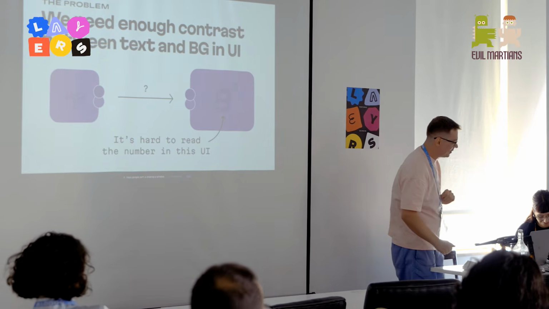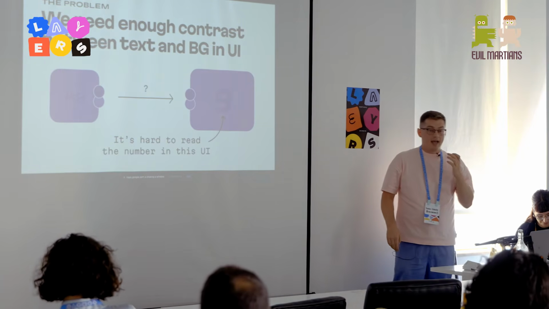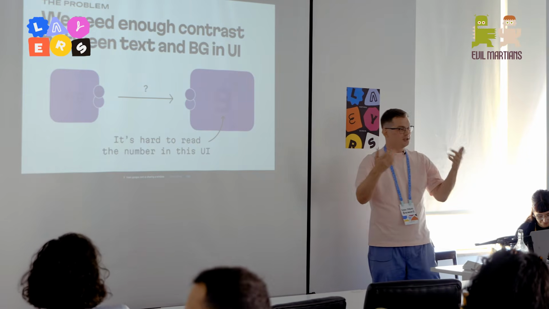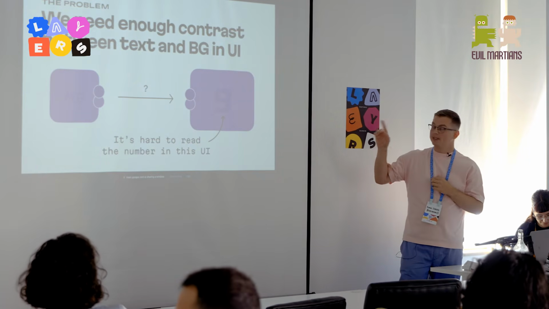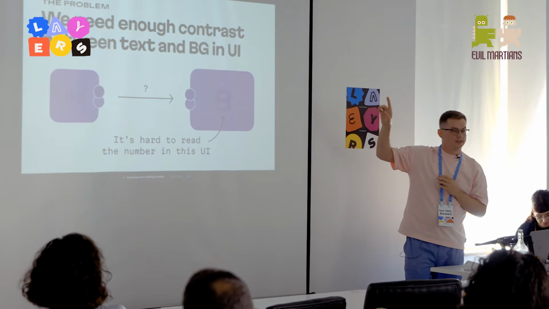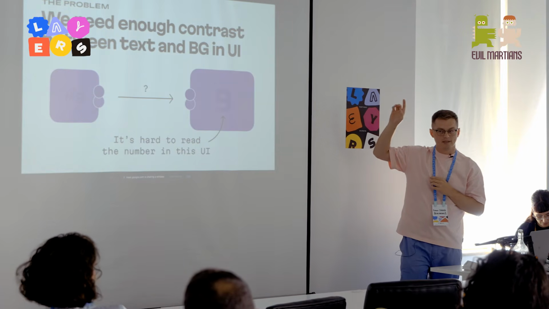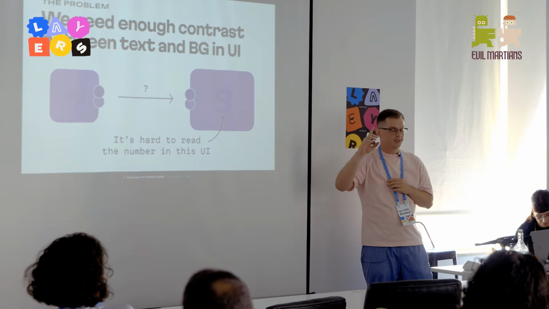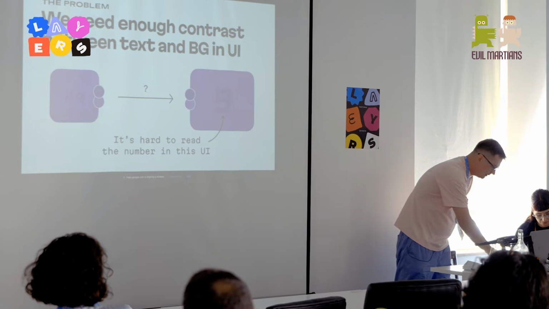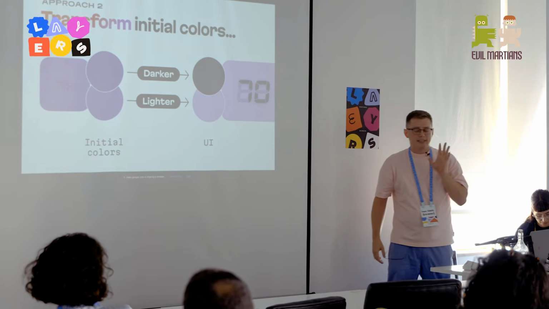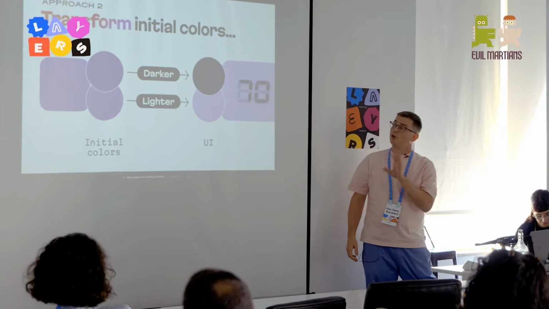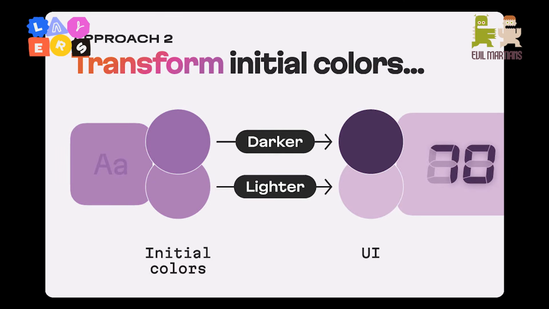Nothing to worry about. And again, I want to ask you, take a moment to think, how do you solve this problem? Take your time. And again, I suggest approach number 2. Let's transform the initial colors.